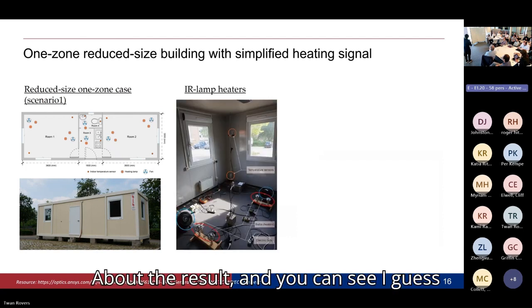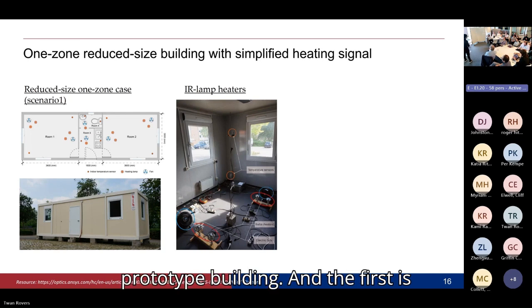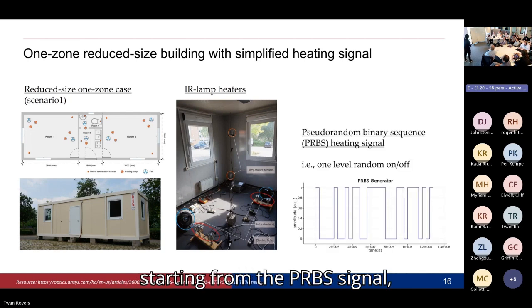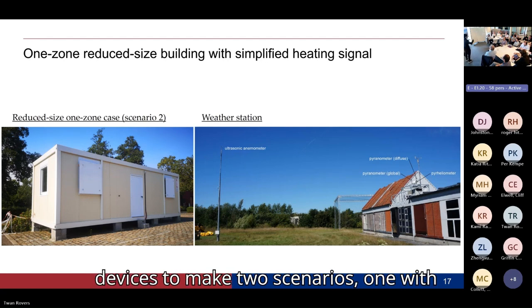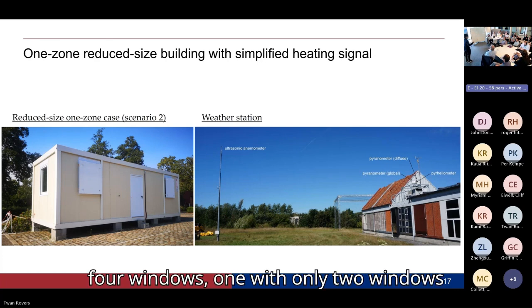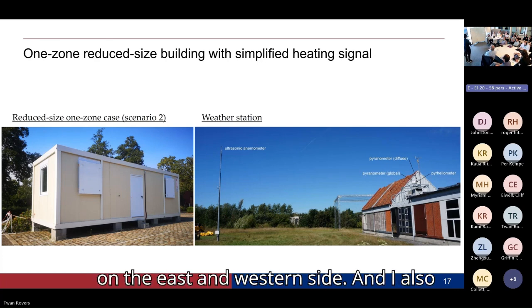About the results, you can see I did some tests based on this prototype building. First, starting from the PRBS signal with one zone, and then I added shading devices to make two scenarios: one with 4 windows, one with only 2 windows on the east and western side.